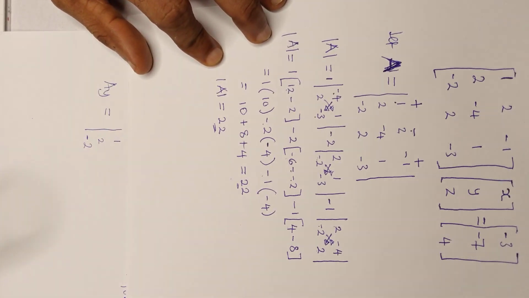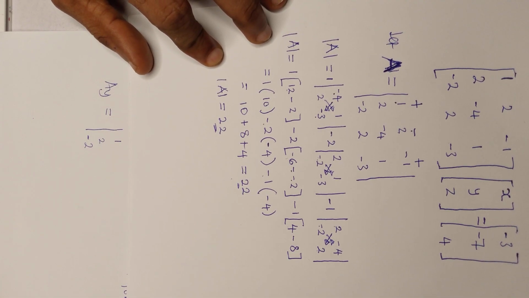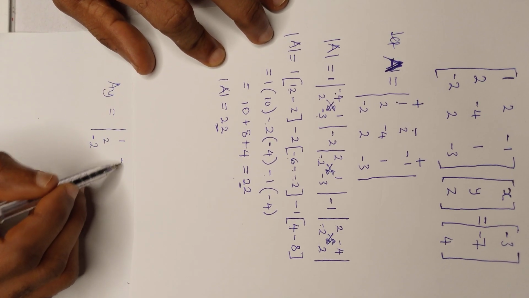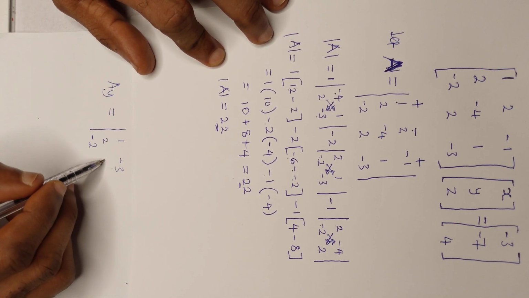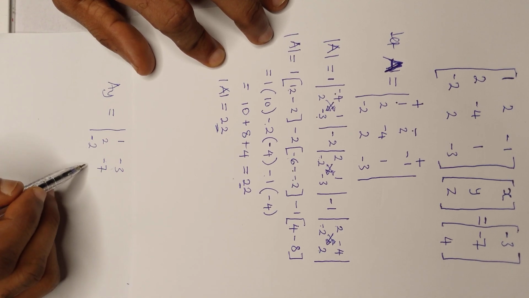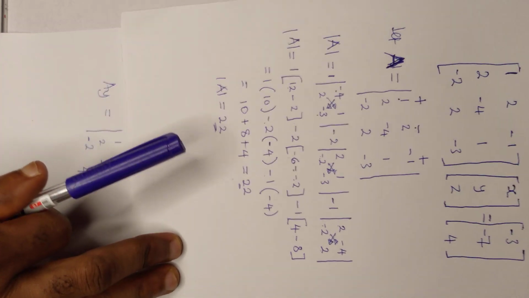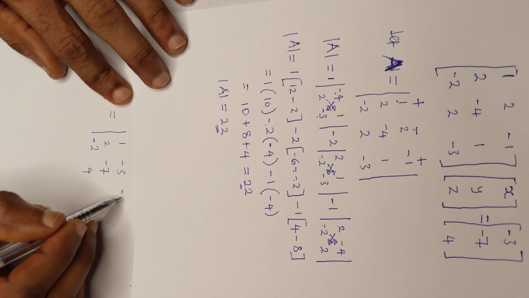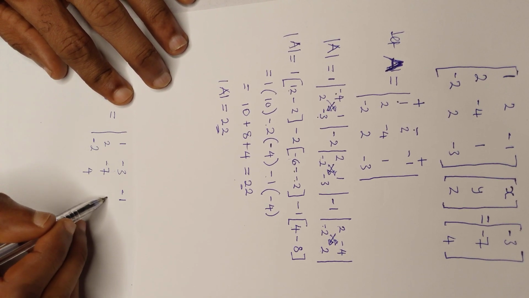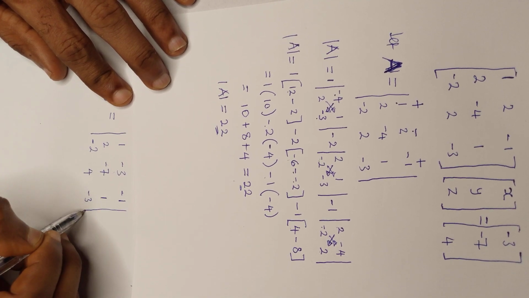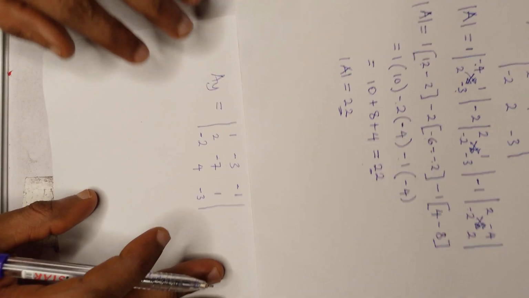This is our y column, but we are not going to use it since we are dealing with y. So we replace it with this column, so our y column will now be -3, -7, and 4. And then our z column will remain: -1, 1, and -3. So we can now find our determinant.